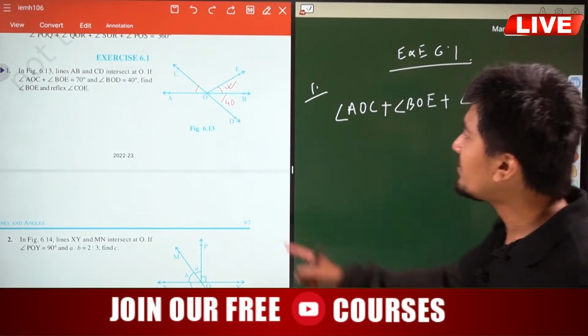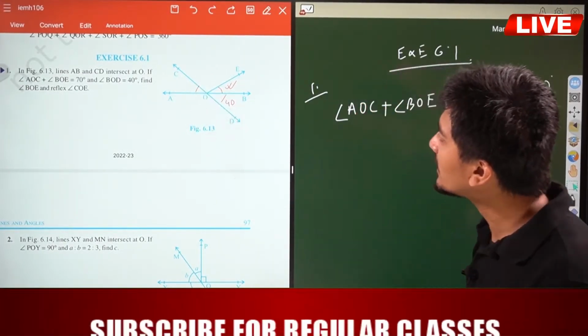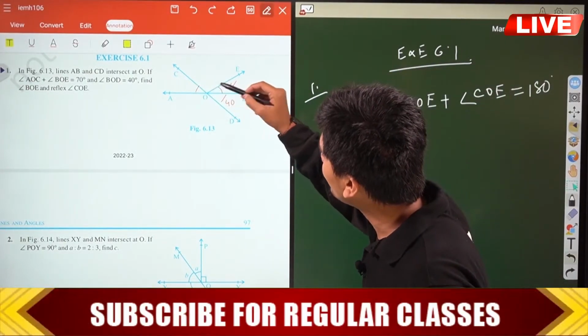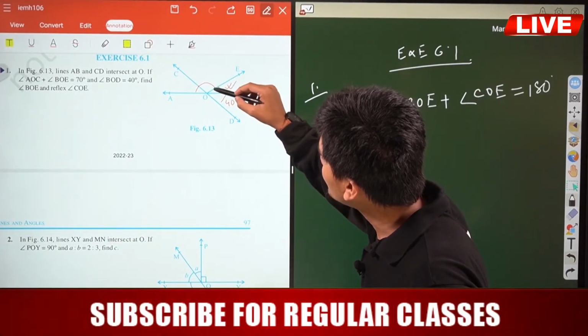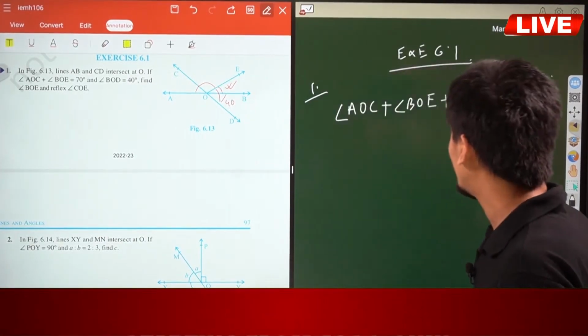Next again, if CD is a straight line, then what are the angles? This is the first angle, this is the second angle, this is the third angle.